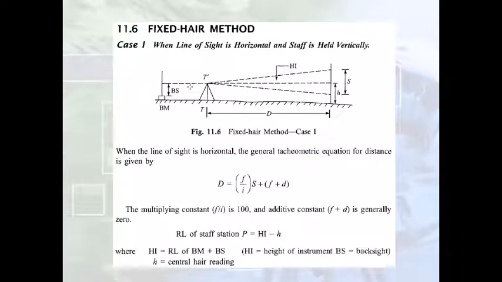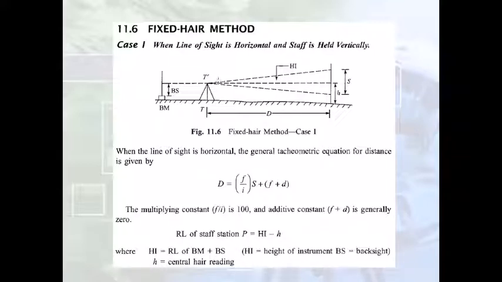Now this equation is valid when the line of sight is horizontal. That means the instrument is leveled, and the telescope of the theodolite is exactly horizontal. That means it would show an angle of 90 degrees, and the leveling staff is also held vertically. If that is the case, then we use this equation. But usually, due to the undulations in the ground, the staff is held at different points, and you need to change the elevation of your telescope.